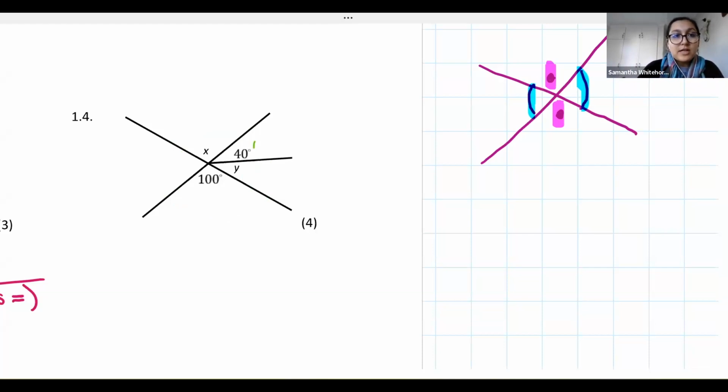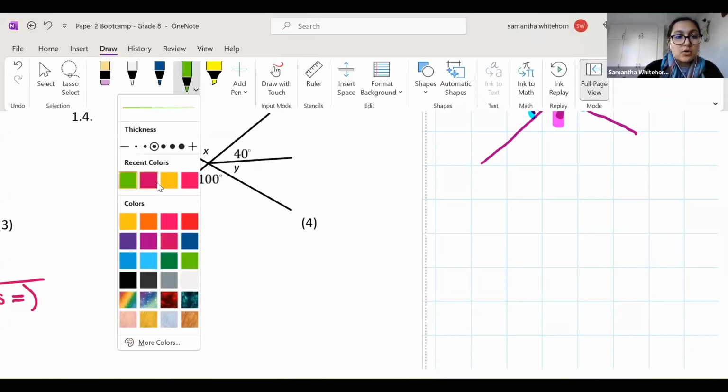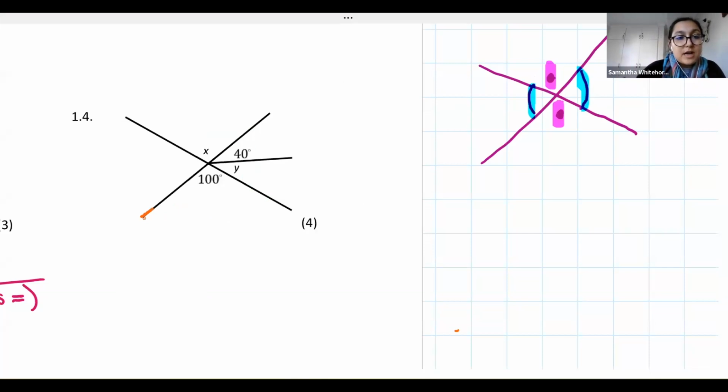So if I have a look here, the first thing that I am noticing, and just because I'm noticing it doesn't mean that that might be the first thing you notice, but the first thing I see is that I have got this cross shape that I'm going to start looking out for. And so automatically what I know is that these angles opposite each other, so the 100 and the x, are equal to each other.